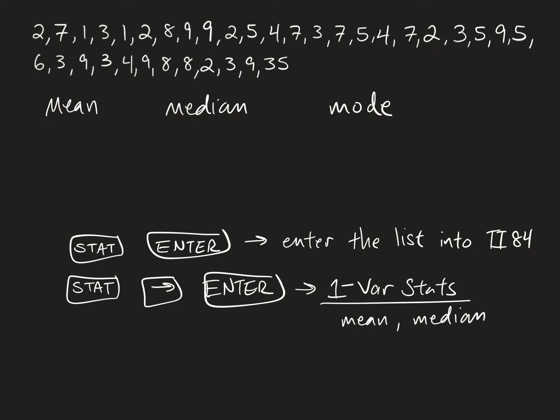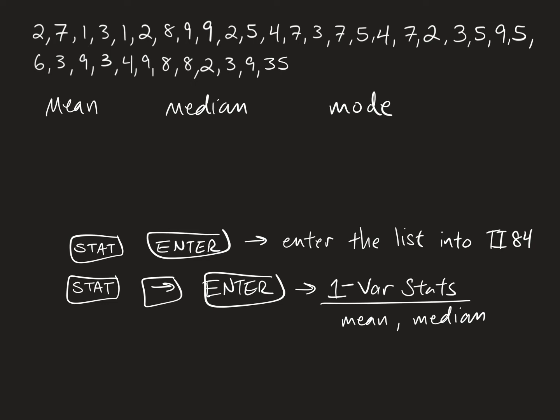One quick note: you want to note where you put your information in the calculator. I generally put my information in list 1, and you'll need that when using one var stats. You want to make sure one var stats is being applied to your list of information.